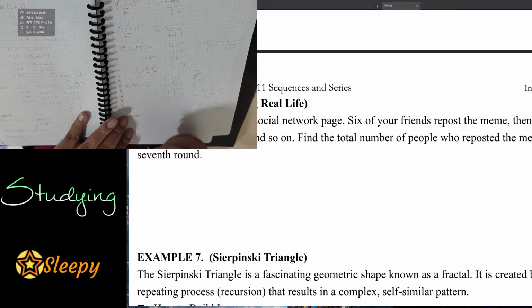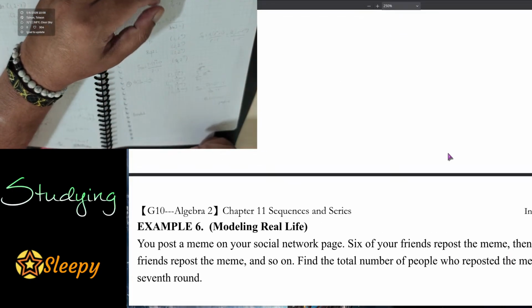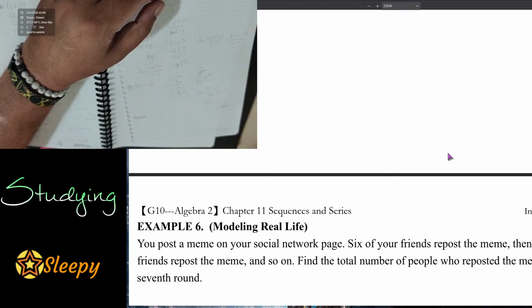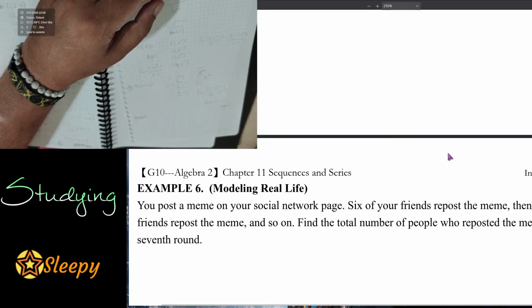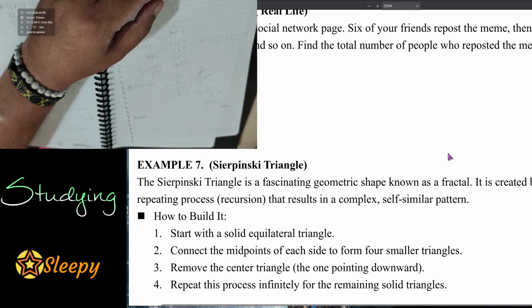You post a meme on your social media. 6 of your friends repost the meme, then 6 of each of their friends repost the meme, and so on. Find the total number of people who reposted the meme after the second. So this is 6 to the power of 7.